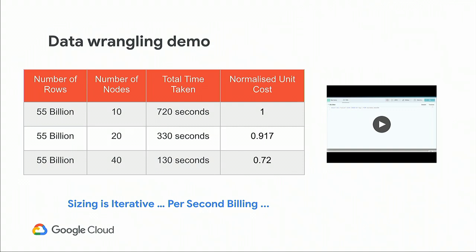When we scaled it up to 40 nodes, we finished the job in 130 seconds as against 700 seconds, and the cost came down by 28%. So this is where we become a differentiator, because we finish the job in far less time, and we achieve it at far less cost as well.